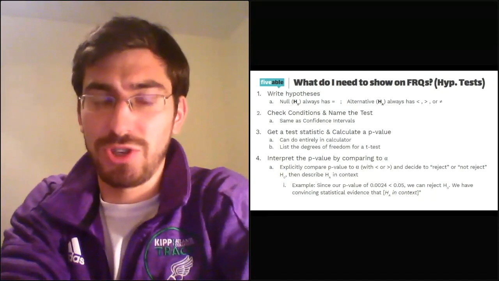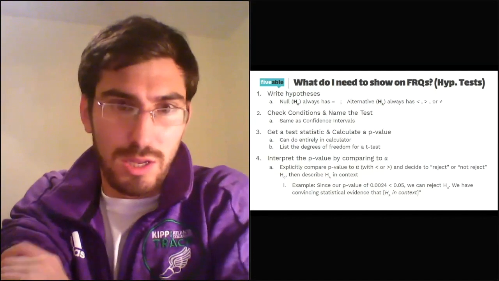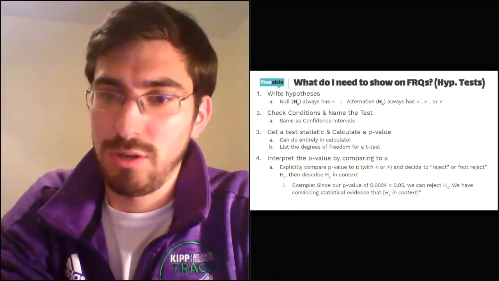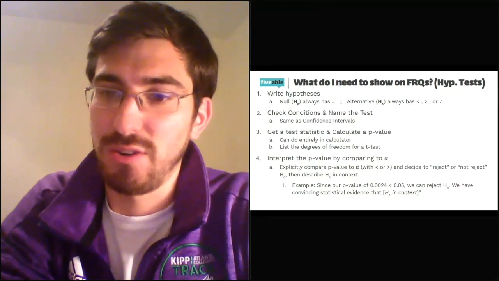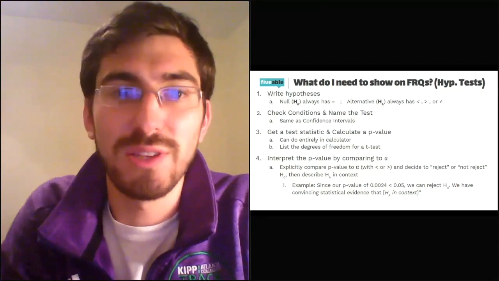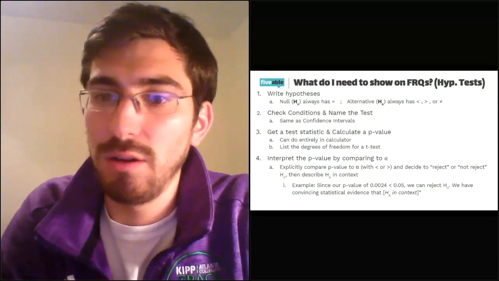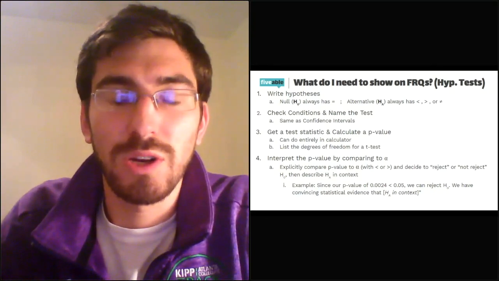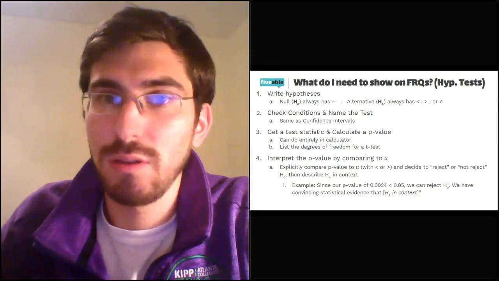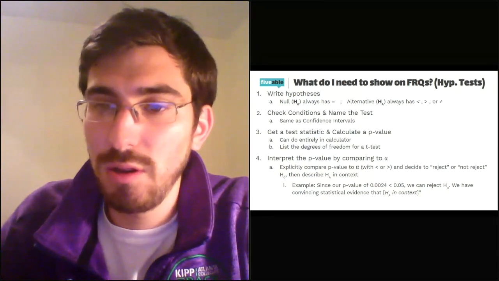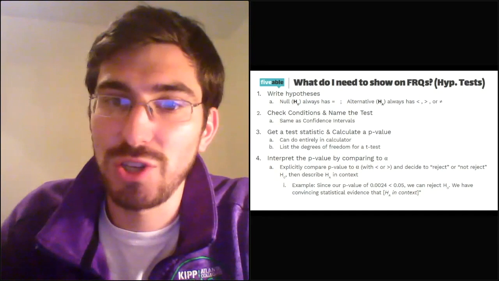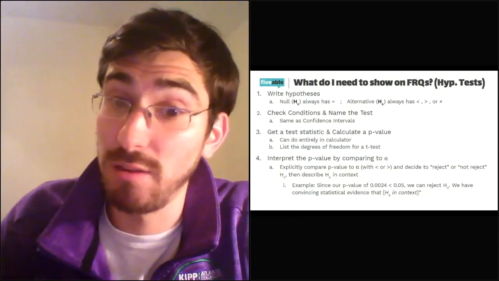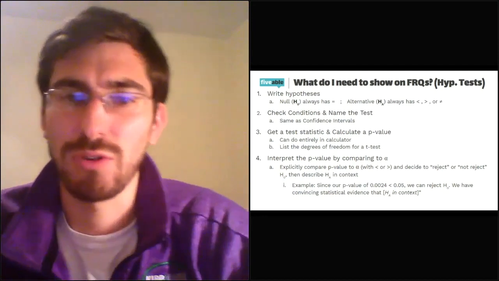I'm going to put generically for right now standard error, but Madison, I'm going to have to get back to you. I believe you just use the sample standard deviation of the differences and divide by the square root of n, because there's not an n1 and n2. Yeah, that's right.